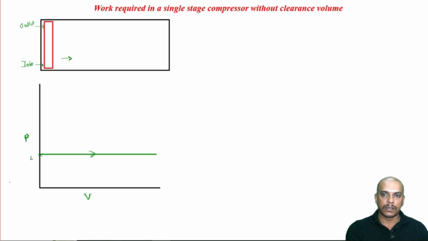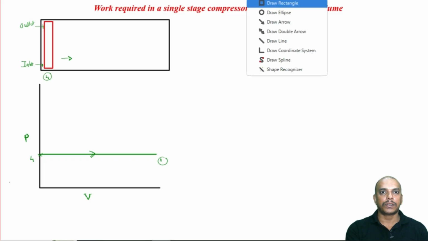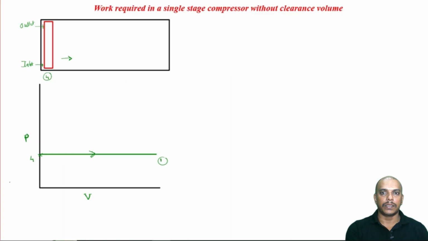I will start from 4, because we generally start compression at 1. So, we are executing 4 to 1, where the piston moves from left to right, executing the suction stroke. Now, what happens next is compression.